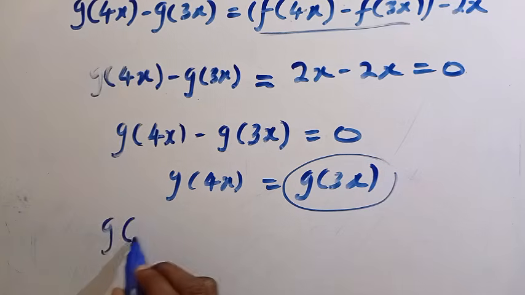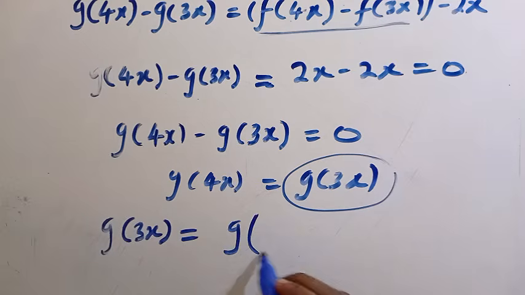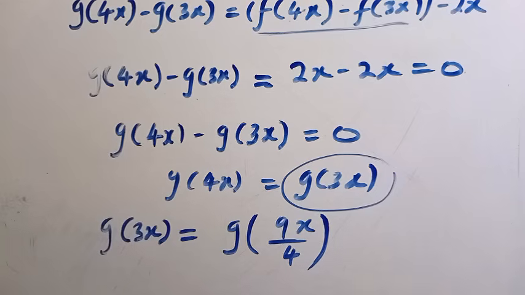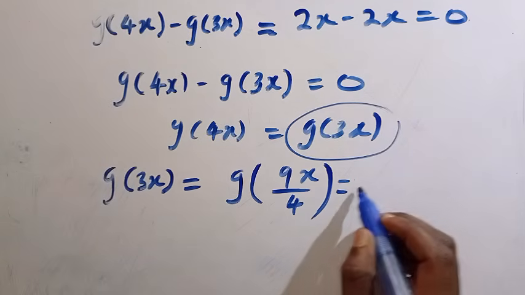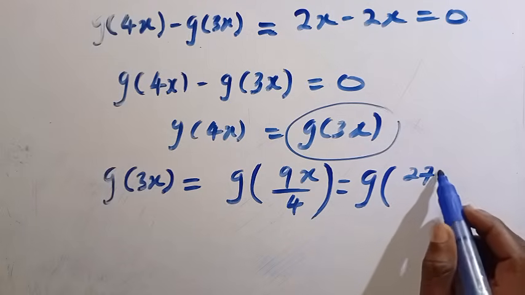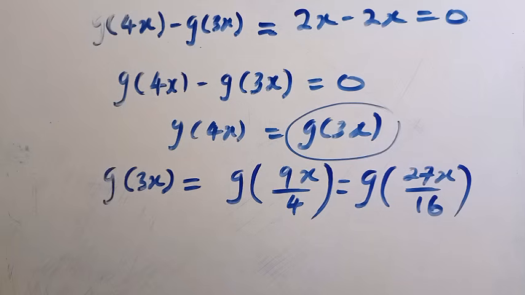This shows that g of 3x equals g of 9x divided by 4. Again, if I keep on iterating this, the next one will be equal to g of 27x divided by 16. And the next one also.